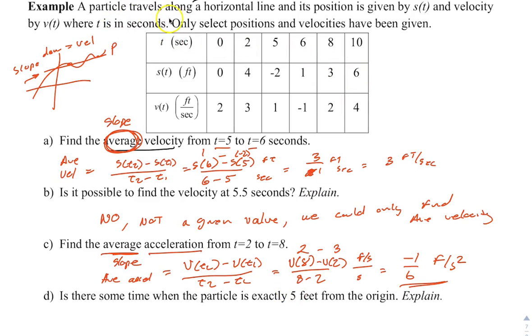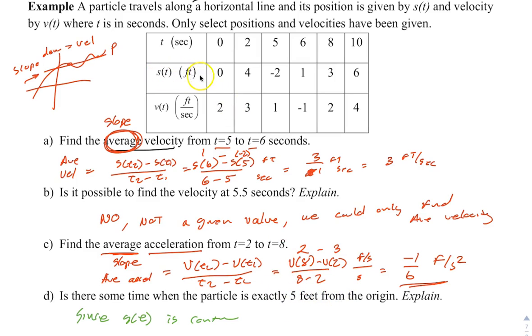And so for a particle traveling along a horizontal line, that means that we're continuous. Because when you're traveling, you can't just skip values. So, since s of t is continuous, let's see if it is possible. Could we find a value where 5 feet has to go between? Again, notice we're talking about 5 feet. That's a position function, right? It's not a rate, it's position.